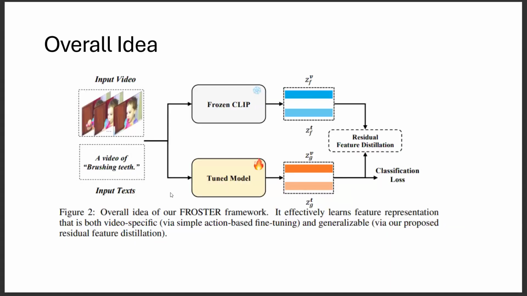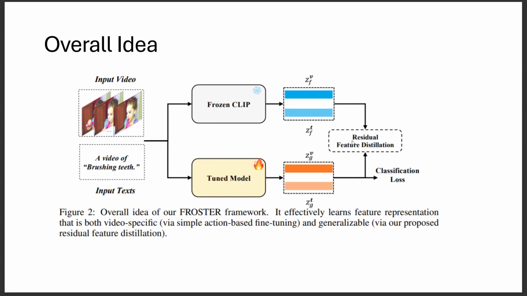The way they do it here is a distillation method. The basic idea is they have two models, one teacher model and one student model. The teacher model is fixed, and the student model is trained for one particular dataset.